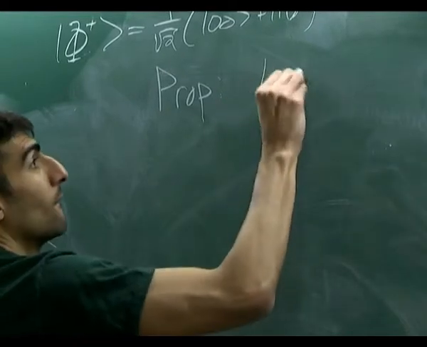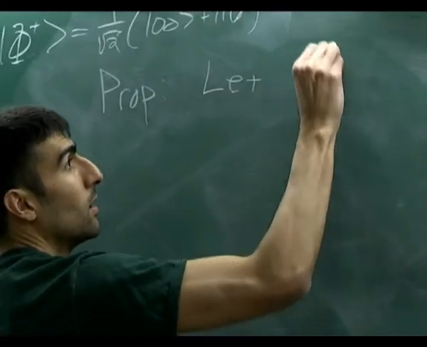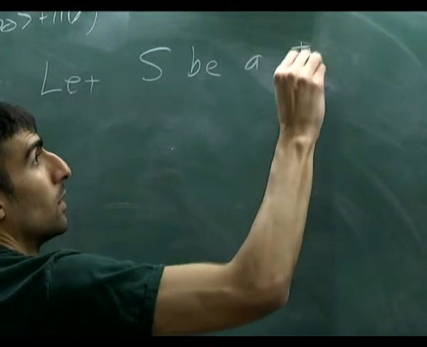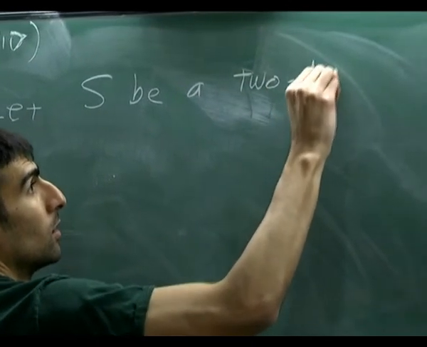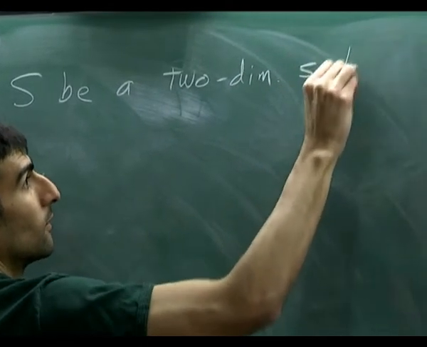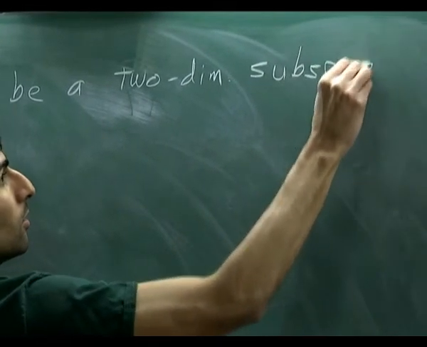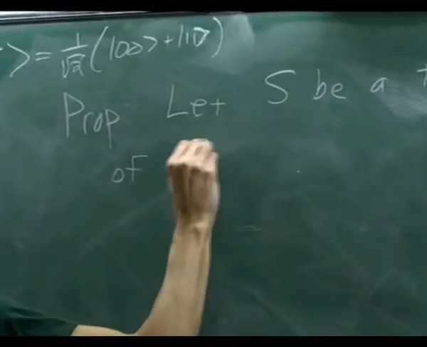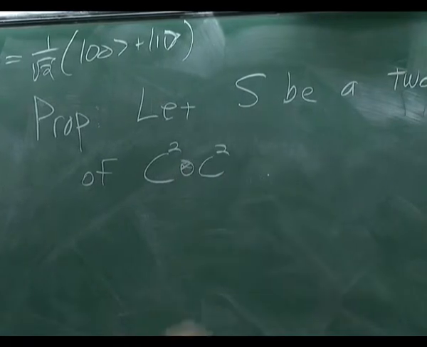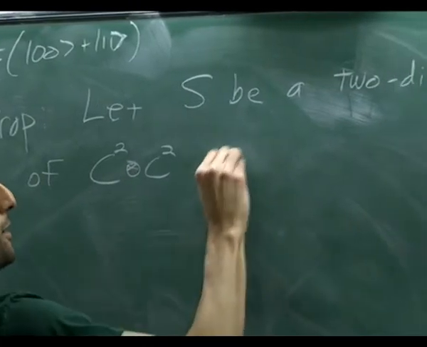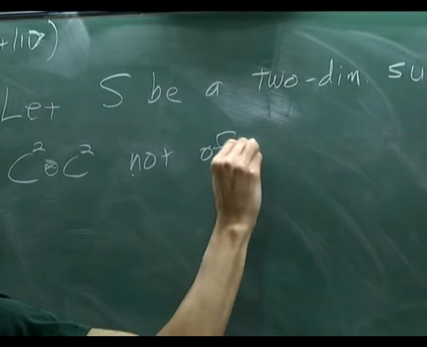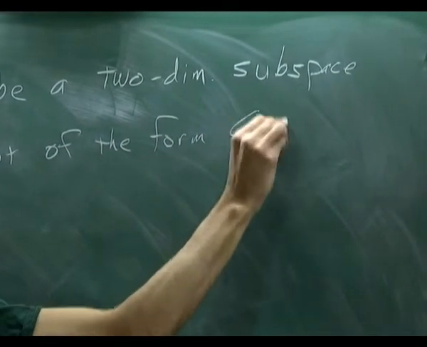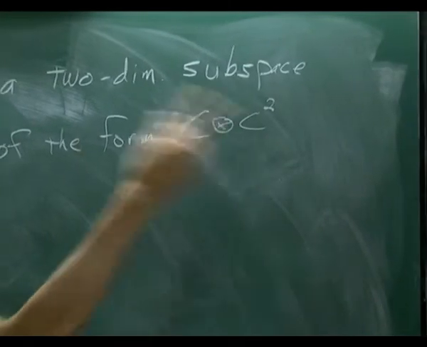So let S be a 2-dimensional subspace of C2 cross C2, not of the form C cross C2, or the other way around.